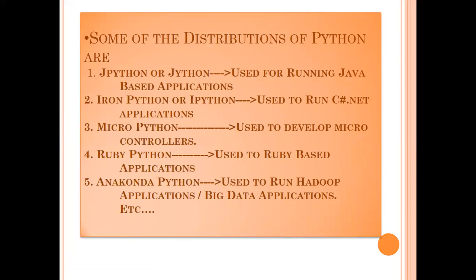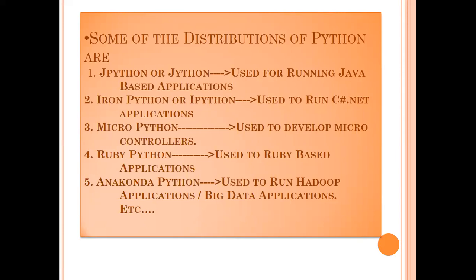Some of the distributions of Python are JPython. When do we use JPython? JPython, or Jython, is used for running Java-based applications. IronPython, or IPython, is used for running C#.NET applications. Let's talk about MicroPython.